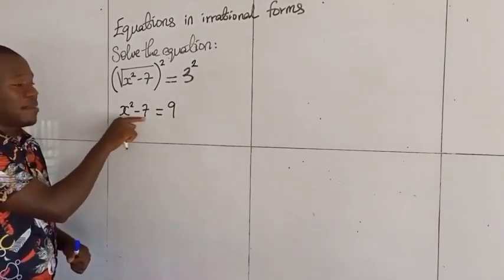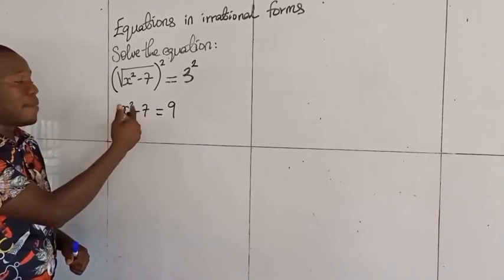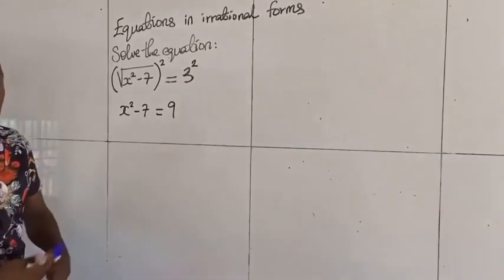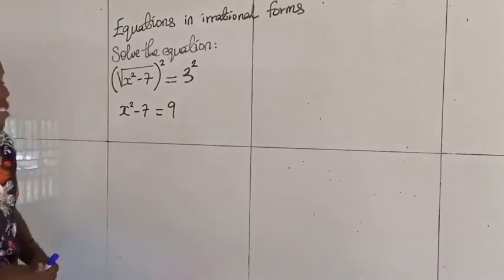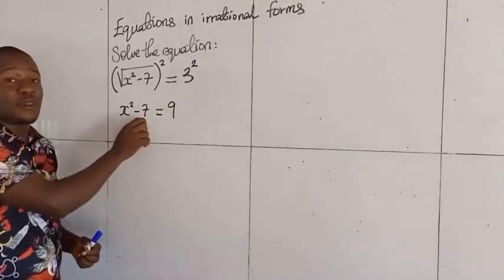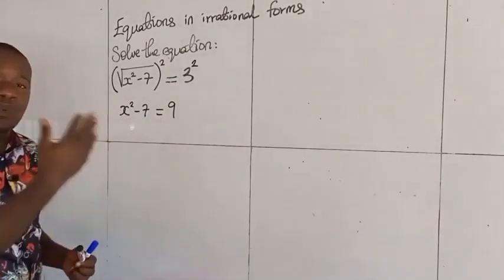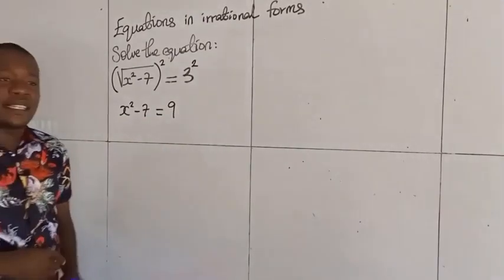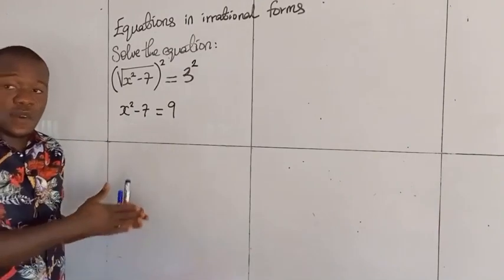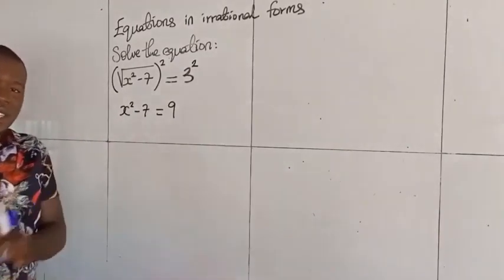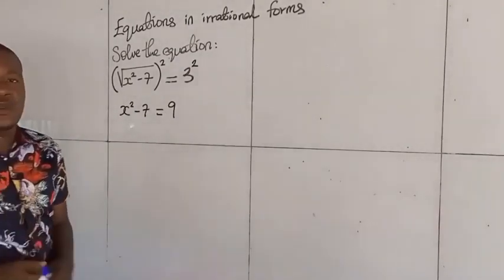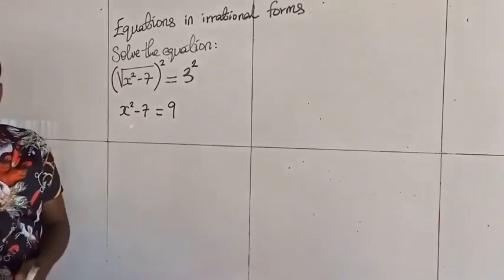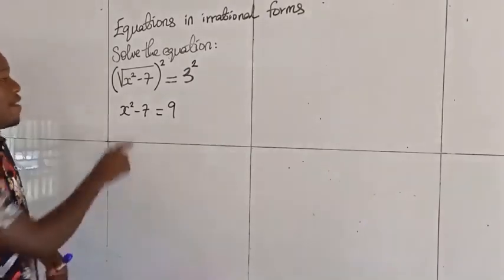So we need to eliminate minus 7 by taking it away from here to the other side of the equation. That's what we call collecting the like terms, because 9 and minus 7 are numbers. So move all the numbers to one side of the equal sign. And note very clearly that anytime a quantity moves from one side of an equation to the other side, the sign of the quantity changes from minus to plus, from plus to minus, as the case may be. So we have minus 7.